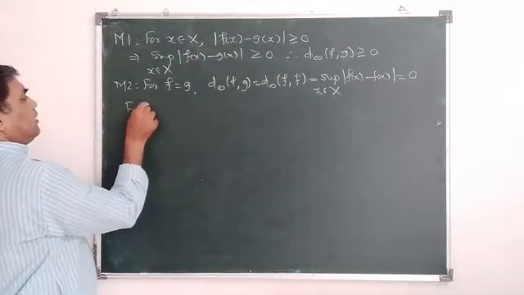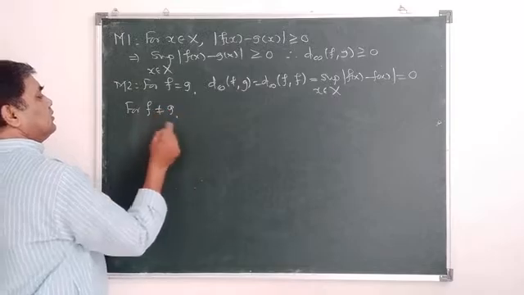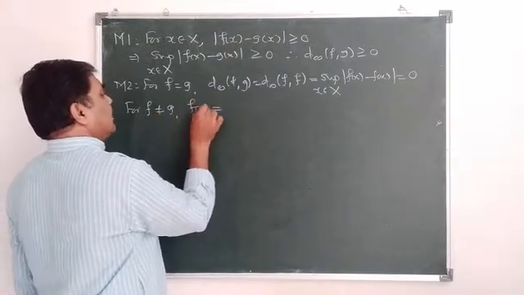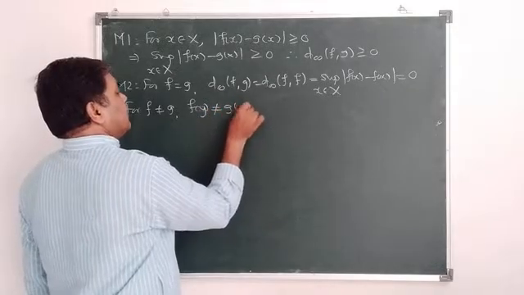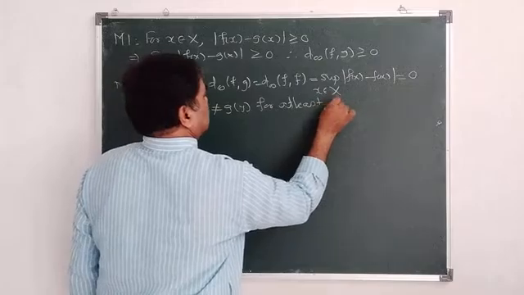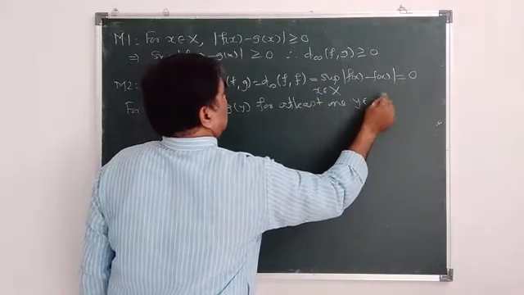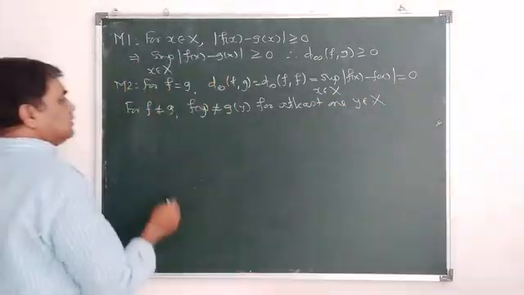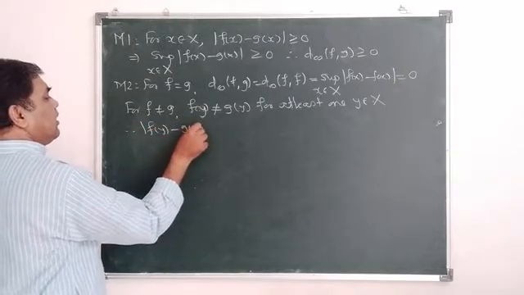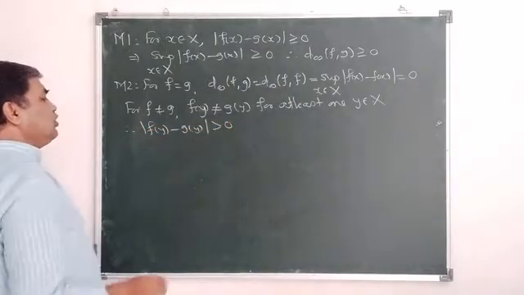For f not equal to g, f(y) is not equal to g(y) for at least one y belonging to X, and therefore mod f(y) minus g(y) must be strictly greater than 0.